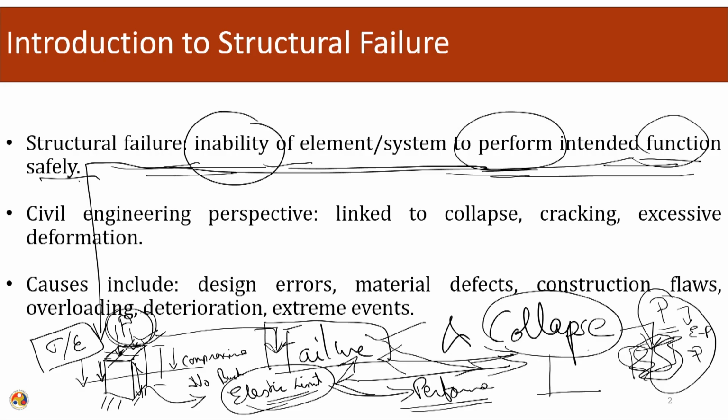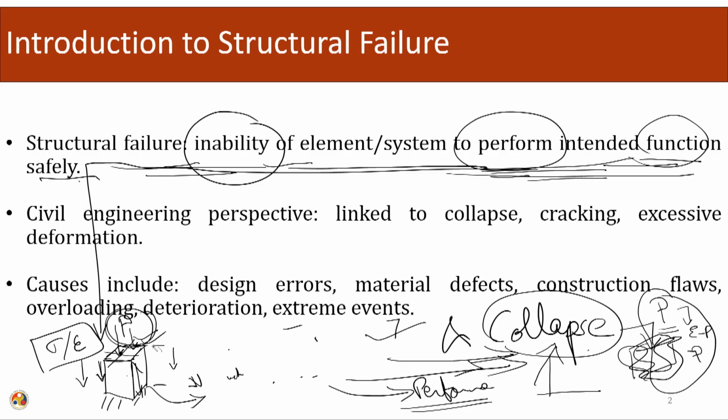Whatever performance limit or limit state function we have set up for the functioning of this particular system has been exceeded. It does not mean the structure cannot take more load. The structure can take more load and can still function. But the functional performance requirement that we set has been breached.